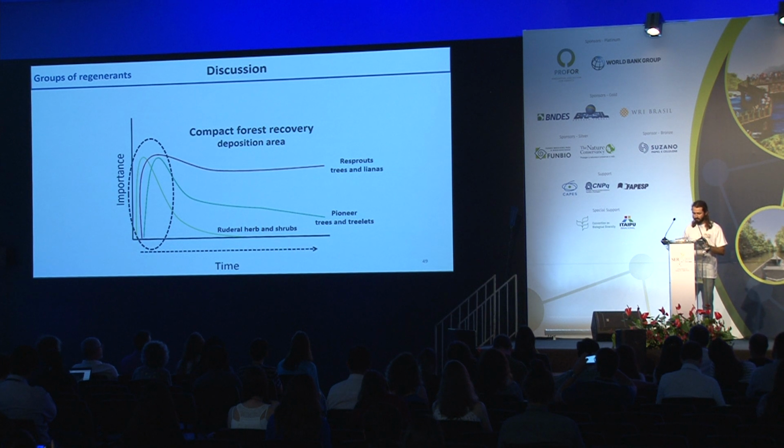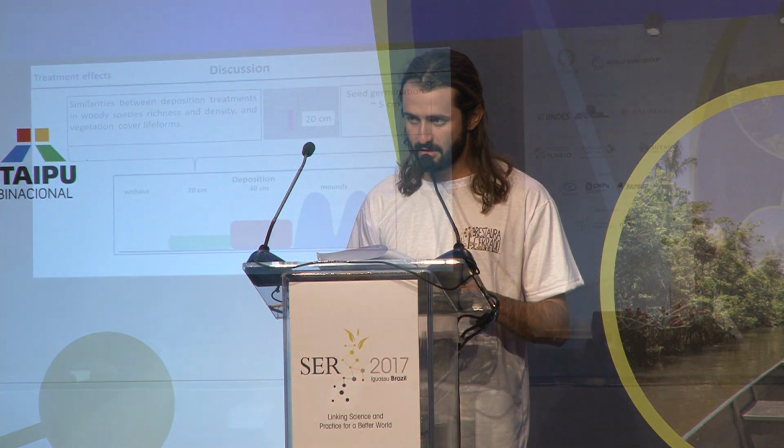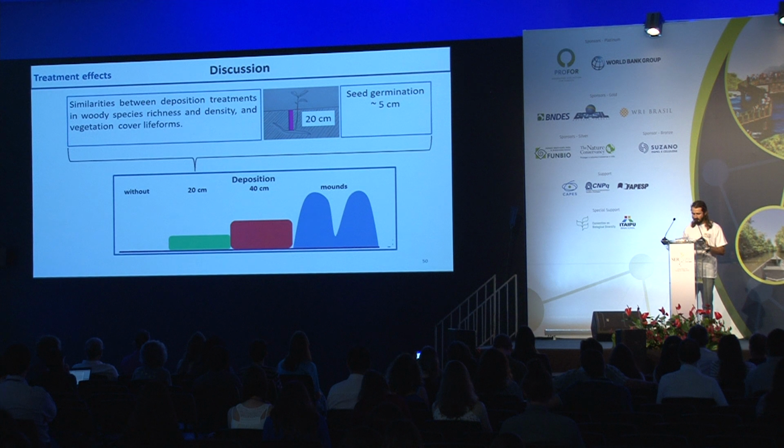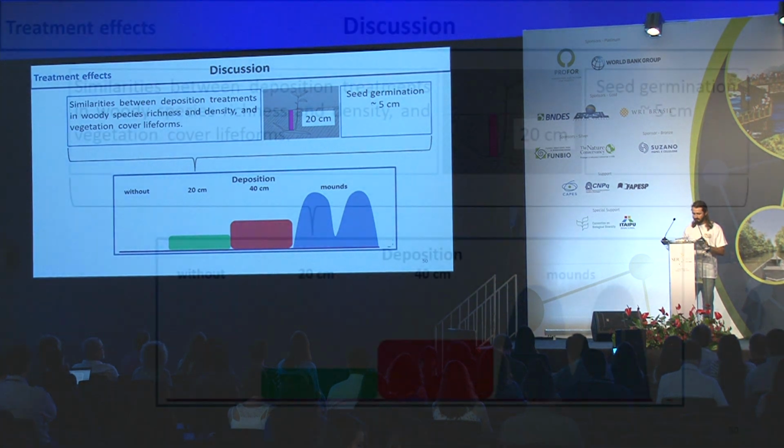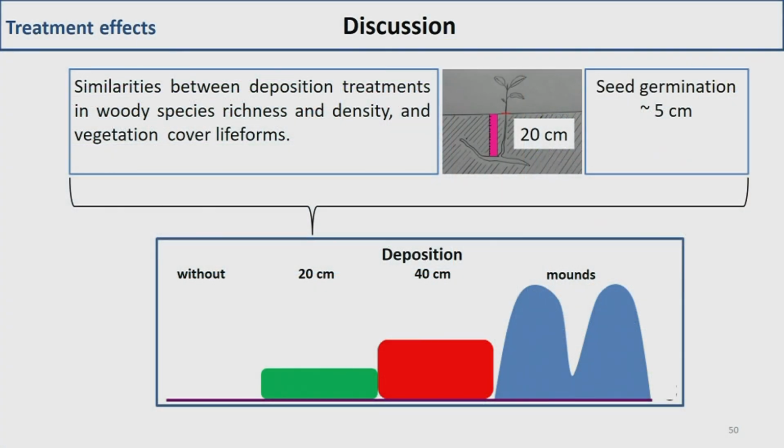Based on our findings, we suggest the deposition of 20 centimeter layers of topsoil, because of the similarities between deposition treatments in woody species richness and density, and vegetation cover life forms. Besides that, resprouts do not emerge from depths greater than 20 centimeters, and seed germination is concentrated in the top 5 centimeters of soil.